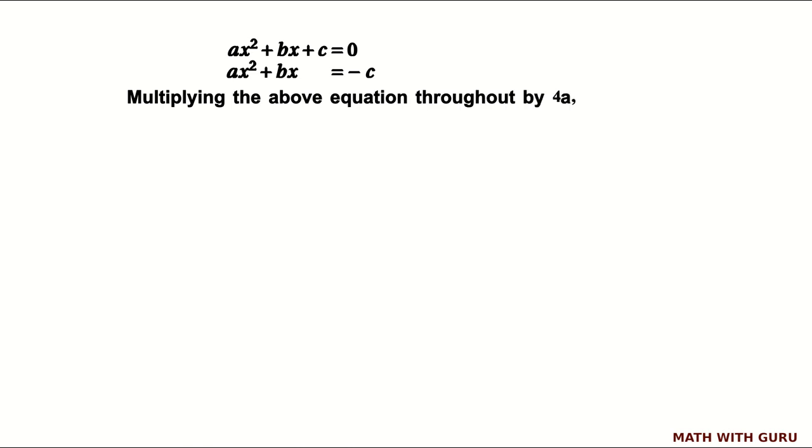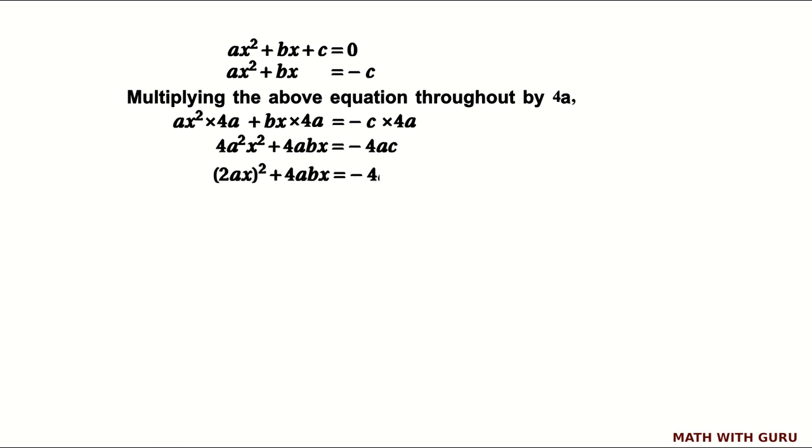Multiplying the above equation by 4a, we get ax squared into 4a plus bx into 4a equals minus c into 4a. 4a squared x squared plus 4abx equals minus 4ac. (2ax) whole squared plus 4abx equals minus 4ac.